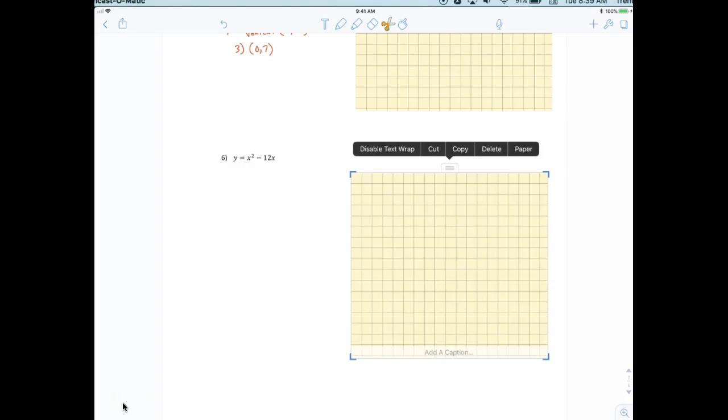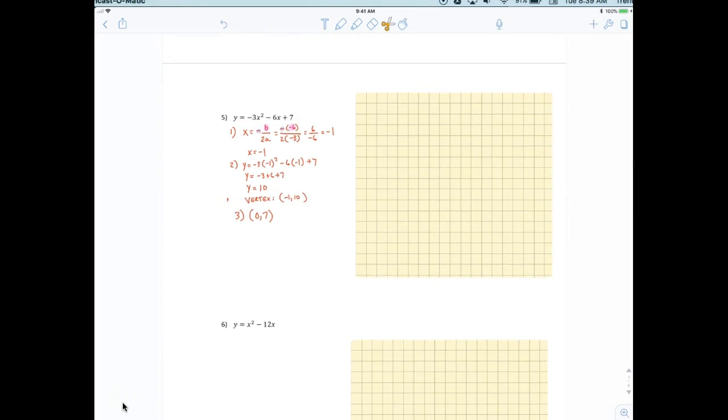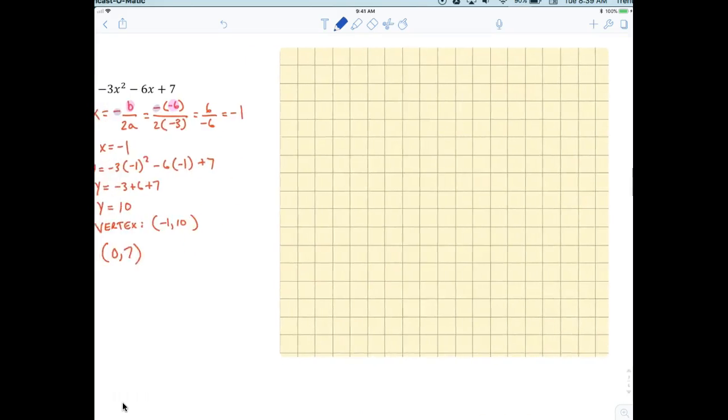All right, so here we go, guys. Now, what I need you to do on this is the vertex is at negative 1, 10, so that's going up. Now, is it going to open up or down, guys? It's going to open down, thank you, because A is negative. If A is positive, it's going to open up. If A is negative, it's going to open down. So let's go ahead and put in the axes.